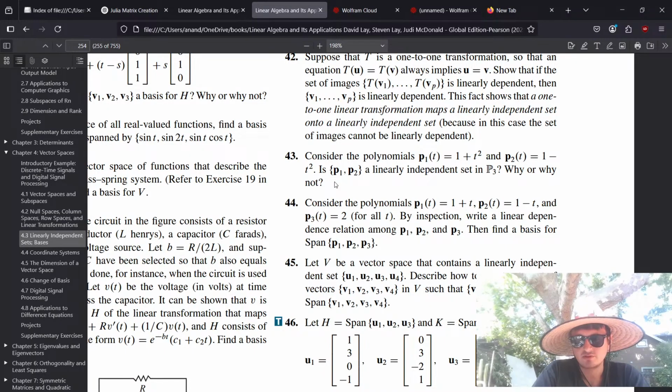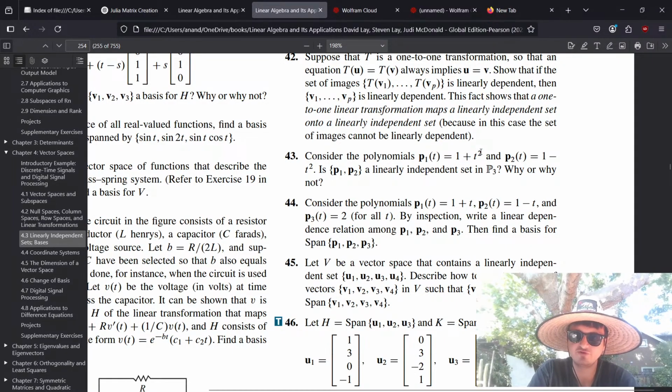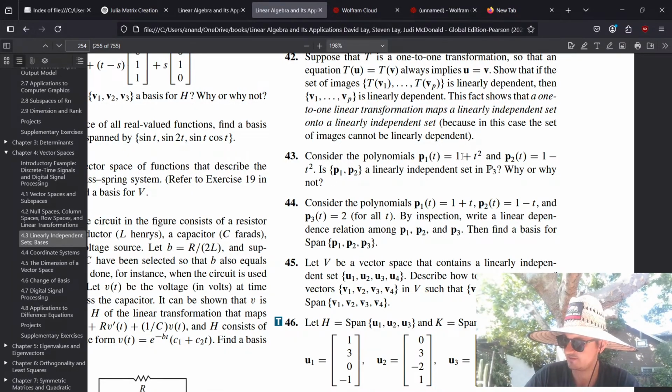That's an interesting question. Yeah, they have to be, because when you only have 2, you can just check if you can write them as a scalar multiple, and there's no way to write them as a scalar multiple. So 43, yes, they are independent.